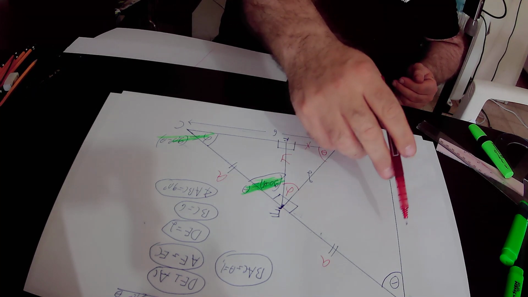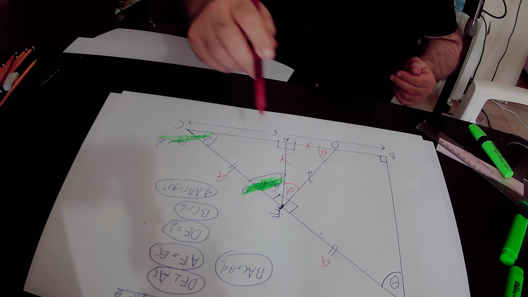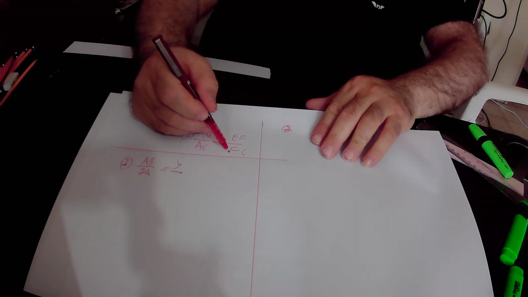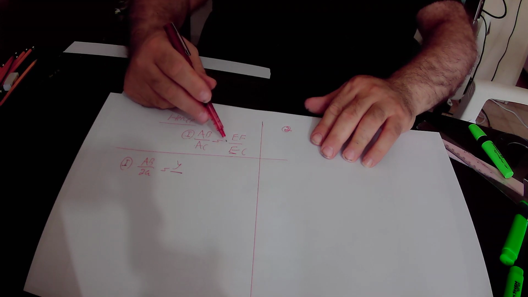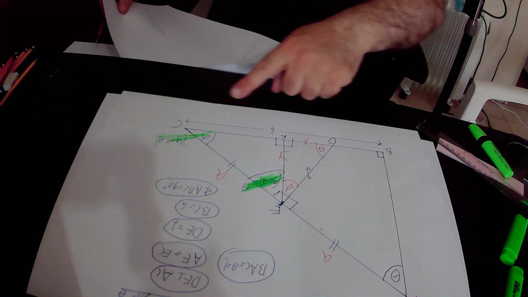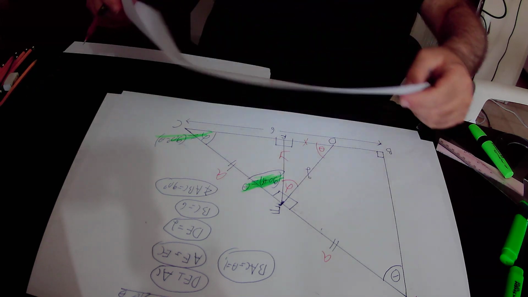Actually, AB over AC is equal to EF over EC. It is EF over EC, not FC but EC. What is the value of EC? The value of EC is A. So we substitute EC by A.